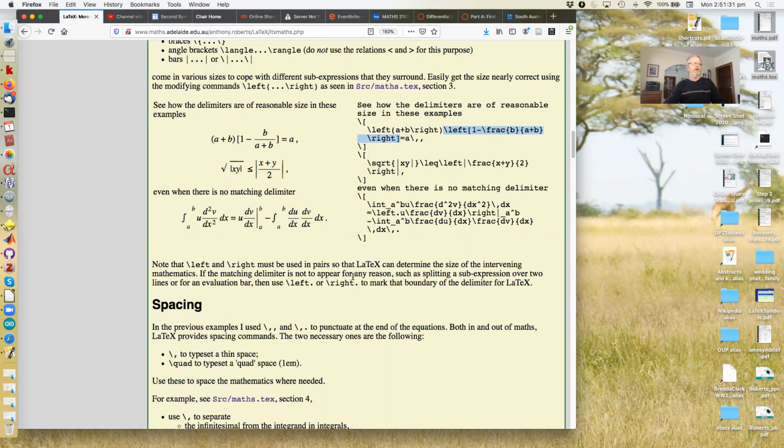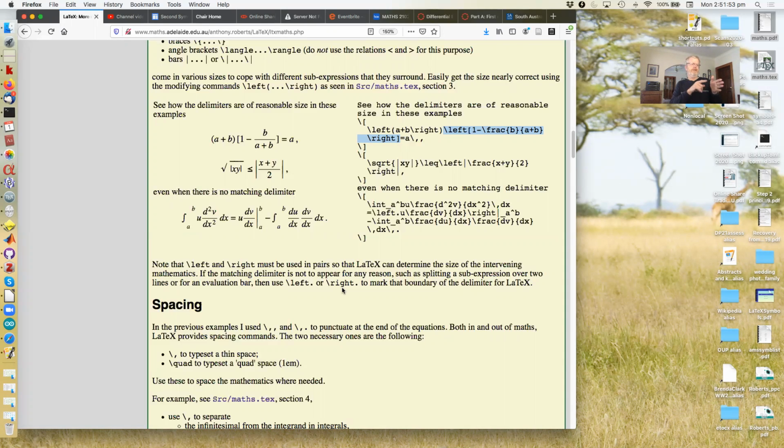The other place that you might need to use a \left. or a \right. is where you split a long expression over two lines. If the expression has a delimiter at the start and at the end, the left and the right have to be on the same line, and when you split the line, they're not.